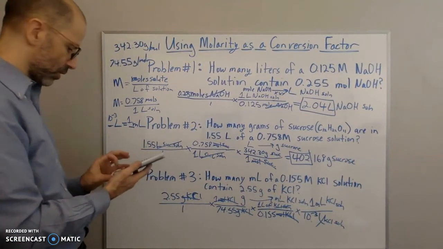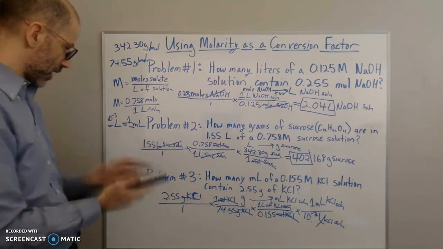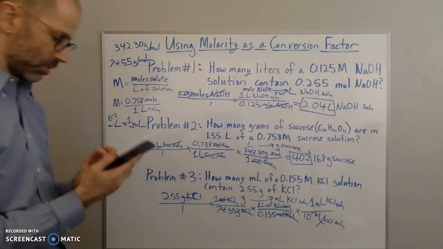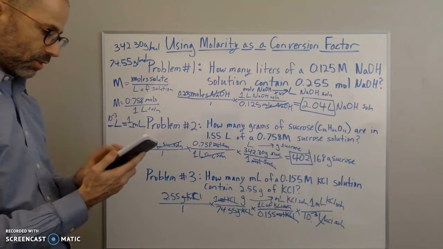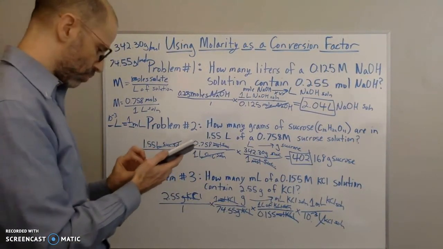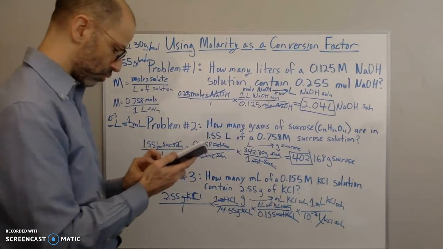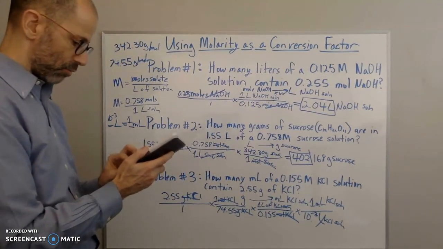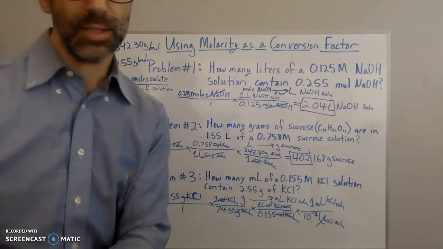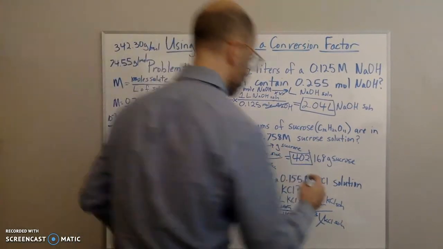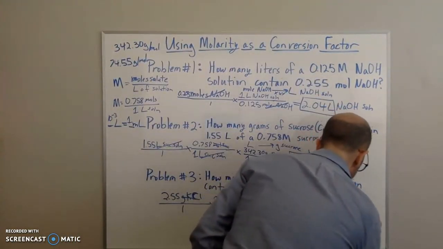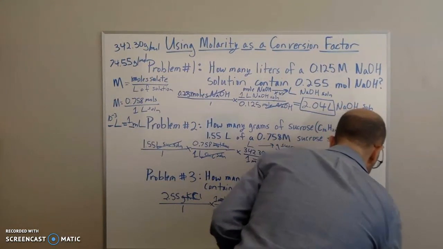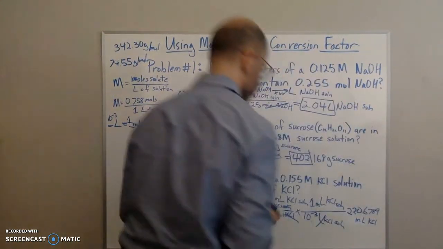Now all I have to do is calculate: 2.55 times, this is 1, 1, and 1, so I'm going to times, and then divide by 74.55, divided by 0.155, and then divided by 10 to the negative 3. Equals, and I get 220.6789 milliliters of the KCl solution.